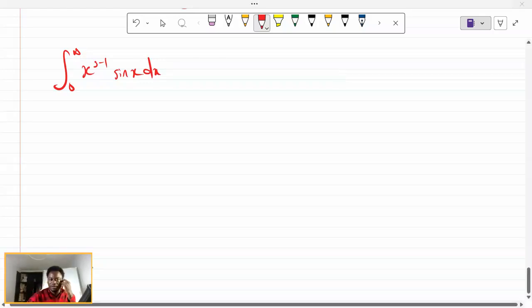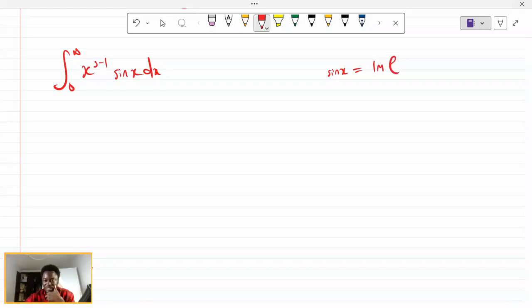The Mellin transform of this sine function can be found with complex numbers, where you write sine of x as the imaginary part of e to the negative ix, I believe.